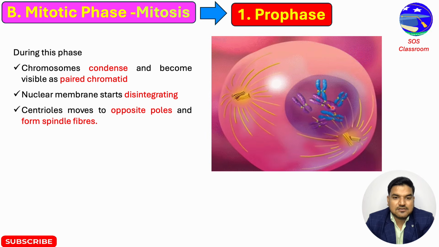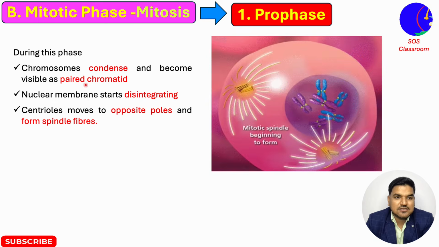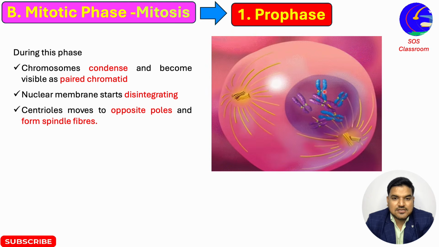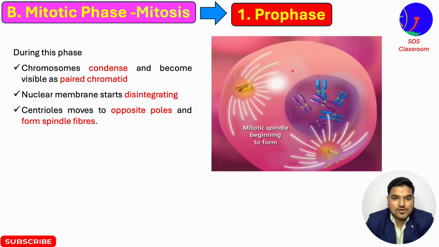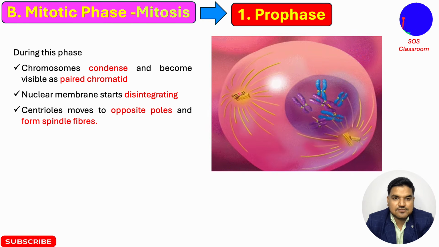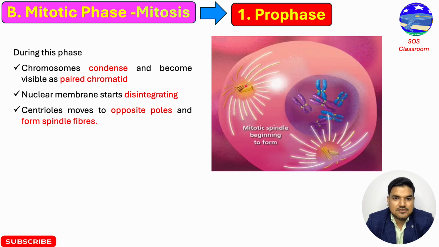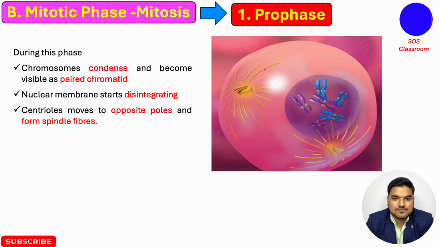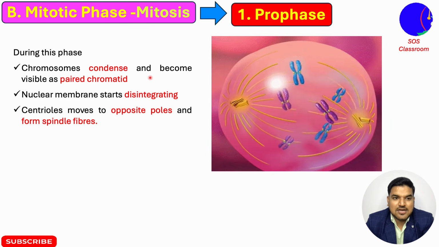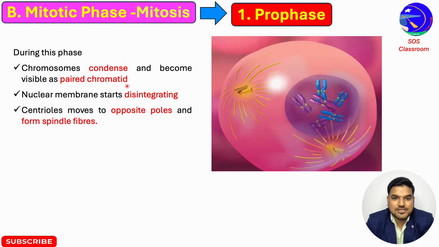Okay, you can see this animation. Then we will discuss the theoretical portion. You can see these are the sister chromatids, these are the centrioles, and these are the spindle fibers. So what will happen? Chromosomes condense and become visible as paired chromatids.